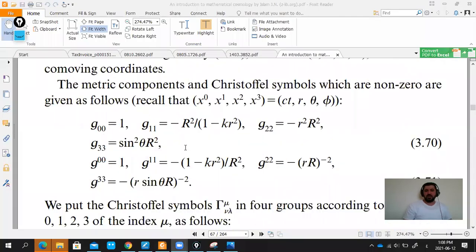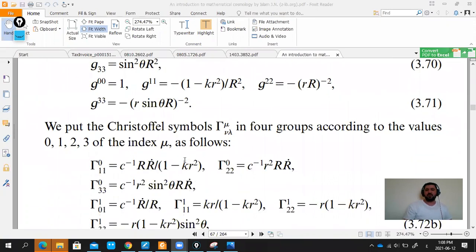Okay, so again, here we have the components of g mu nu. Directly we can find the components of the Christoffel symbols because they just contain the metric tensor and the derivatives of the metric tensor.